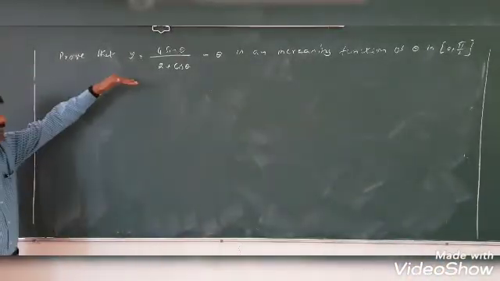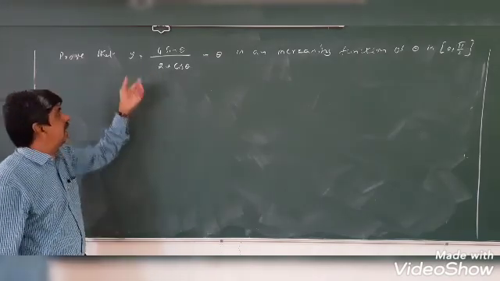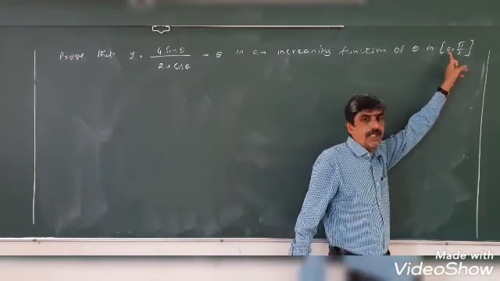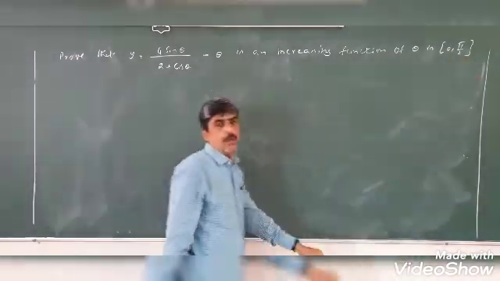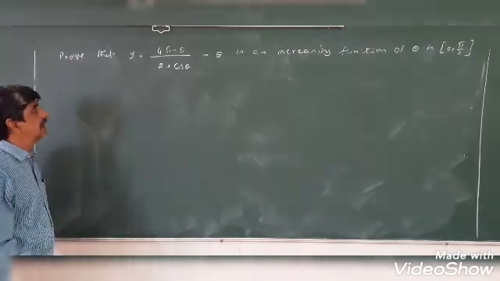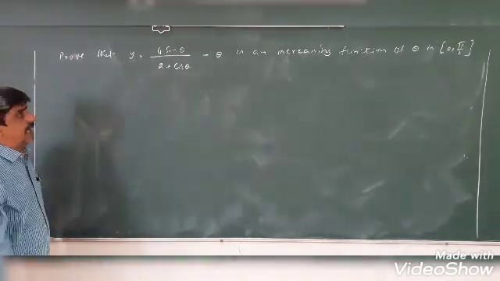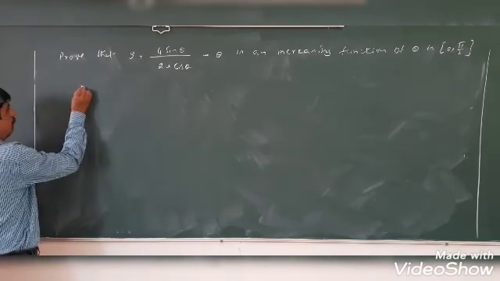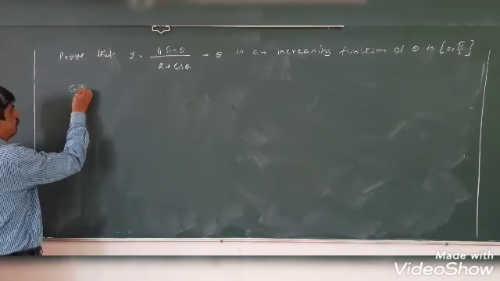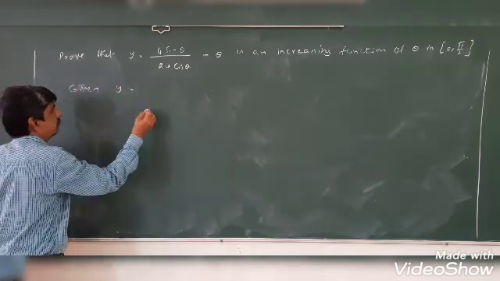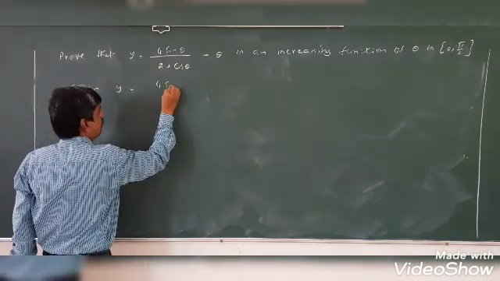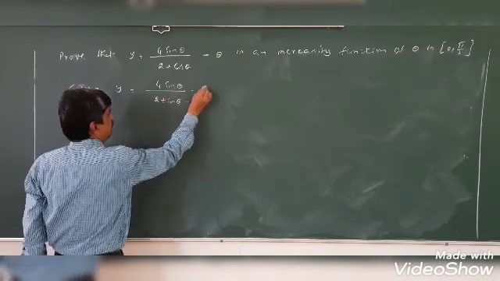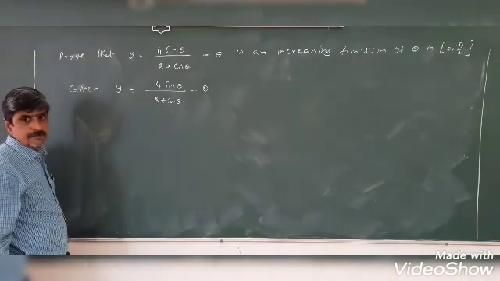To show this function is increasing, I need to prove dy by d theta is greater than 0 for theta belonging to 0 to pi by 2. Then the function is increasing. Given y equals 4 sin theta by 2 plus cos theta minus theta.